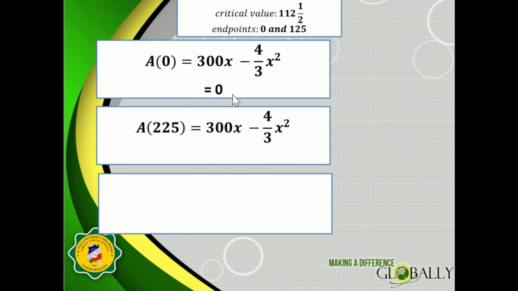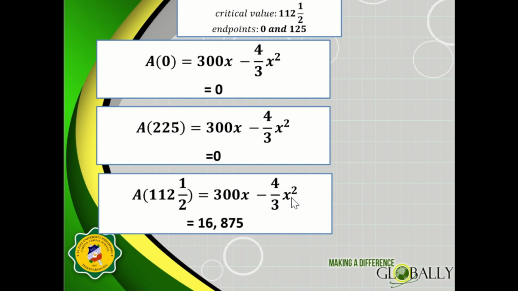It will give us also 0. And if our x is 112 and a half, by substituting this value into x, it will give us 16,875. Oh, that's big.